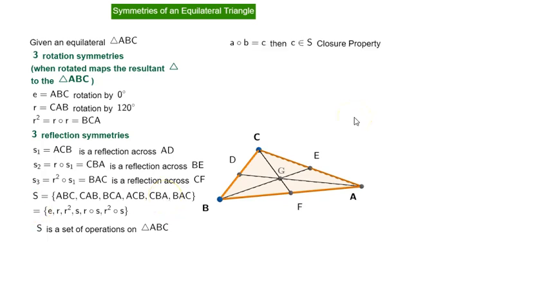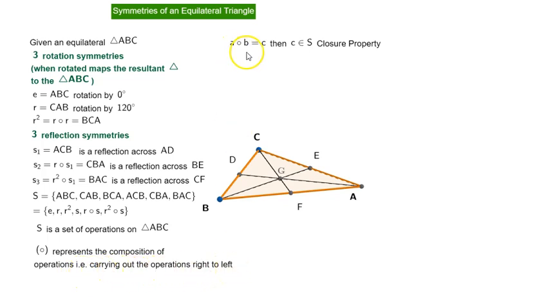Let's see whether this forms a group or not. Whether this set under this operation forms a group. So first is the closure property. Is it closed under this composition? Remember, this symbol that I've been using represents the composition of operations, that is carrying out the operations right to left.